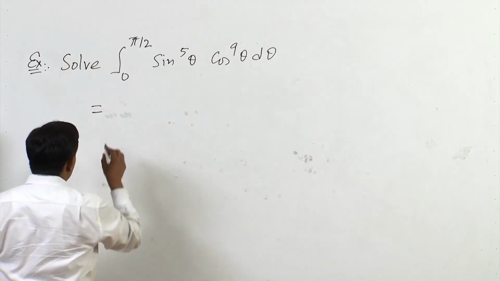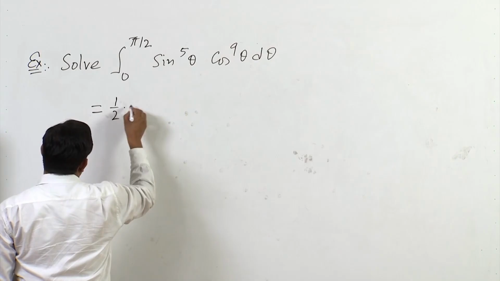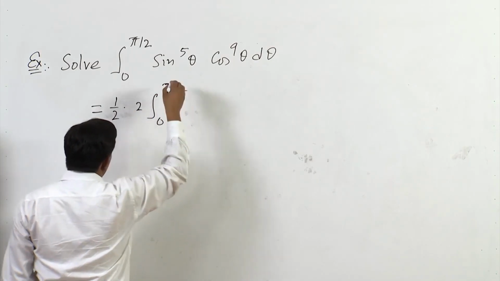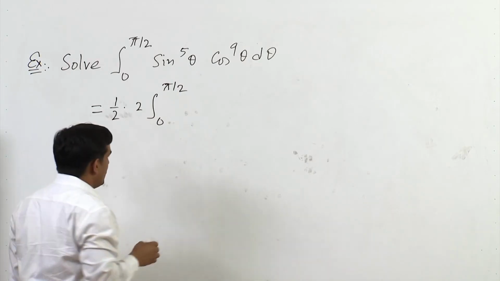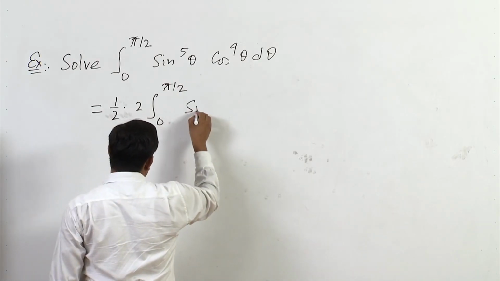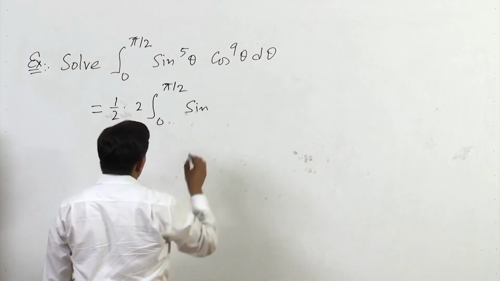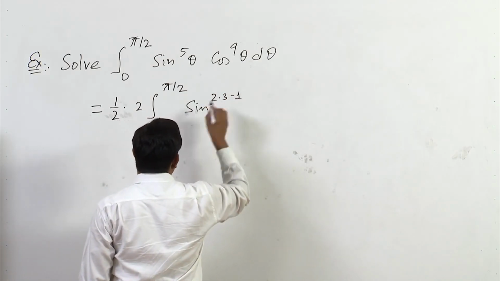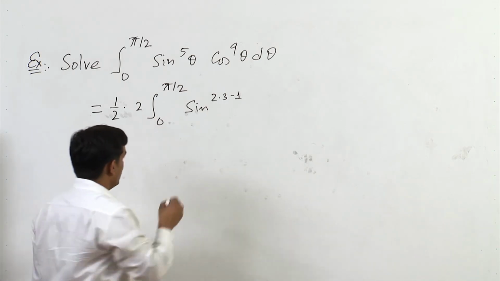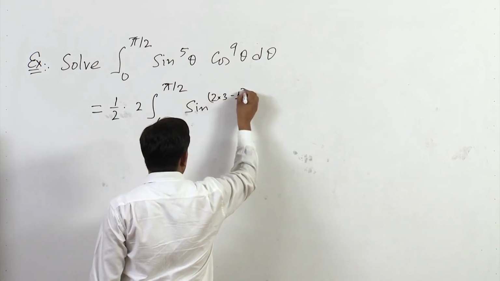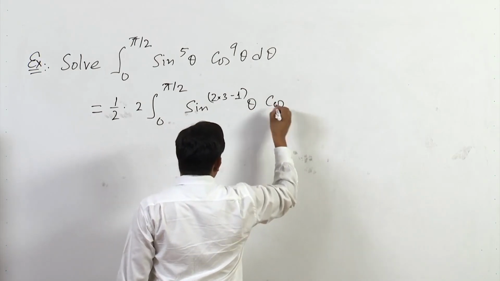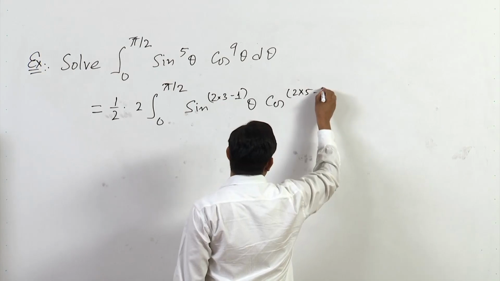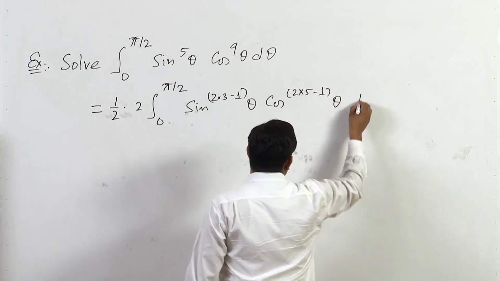So, I can write this as 1 by 2 into 2 times the integral from 0 to pi by 2 of sin 5 theta, which I can write as sin raised to power 2 into 3 minus 1 theta, cos raised to power 2 into 5 minus 1 theta d theta.